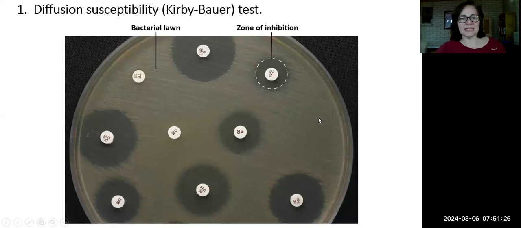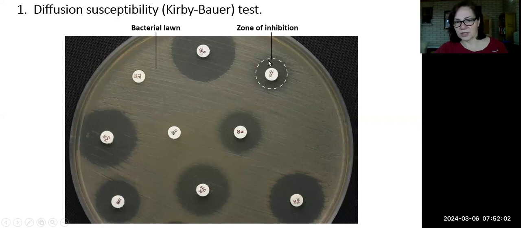Here's a susceptibility test. There is an agar plate. It has a bacterial lawn, so it's been streaked very generously with the sample of this bacterium grown up in the lab, and then these are the little circles that are soaked with whatever antibiotic. And as you can see, there's visually an indication of this area where the solution that the paper disc was soaked in has diffused out into the agar, and it inhibits the growth of the bacterium all the way around.